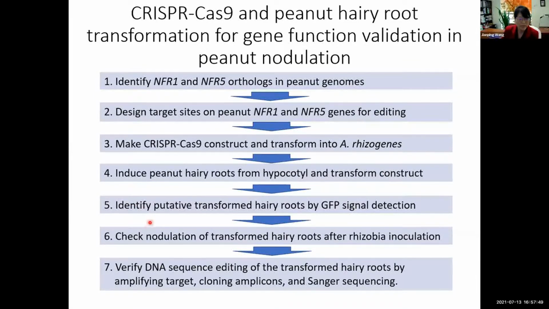Next, we identify the putatively transformed hairy roots by GFP signal detection, then check nodulation in the hairy roots to characterize whether nodulation function is normal or not. And of course, we have to verify whether the DNA sequence editing is successful in the transformed hairy roots, and we do amplicon sequencing of the targets through the Sanger method.